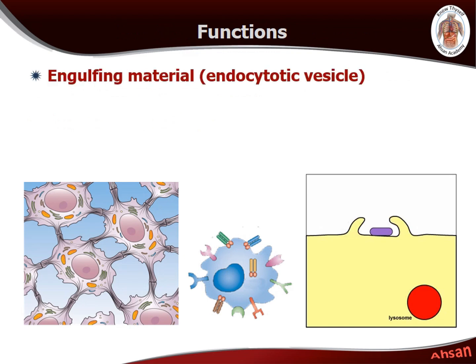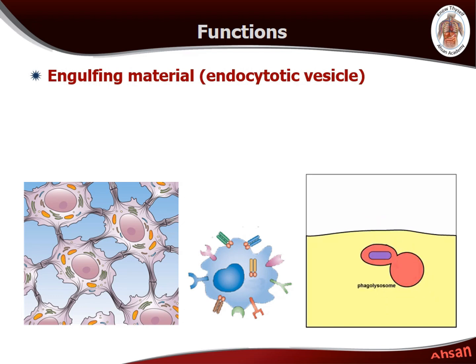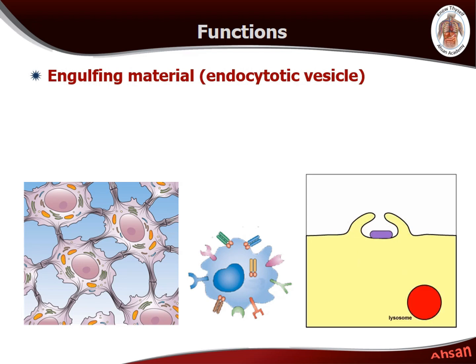Fourth function, you can see the animation. A particulate matter that may be living or non-living first attaches itself to the surface, then the plasma membrane surrounds it and makes a vesicle.